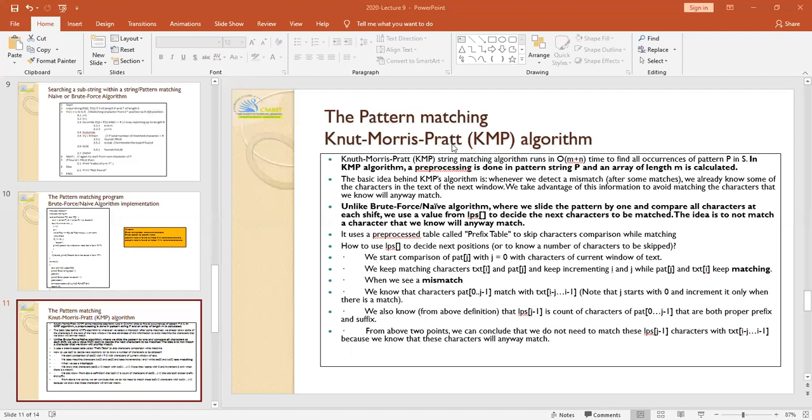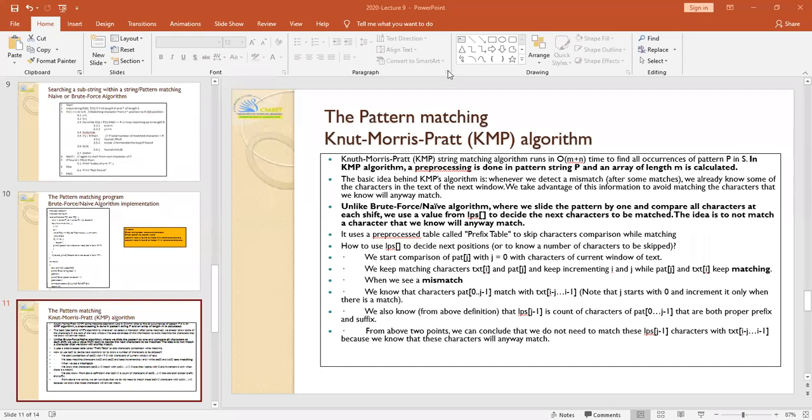So now you come to the second one. The first one for pattern matching is brute force. Now you come to the next one, the KMP algorithm, Knuth-Morris-Pratt algorithm. In this, pre-processing is done on the pattern string and an array of length m is calculated.